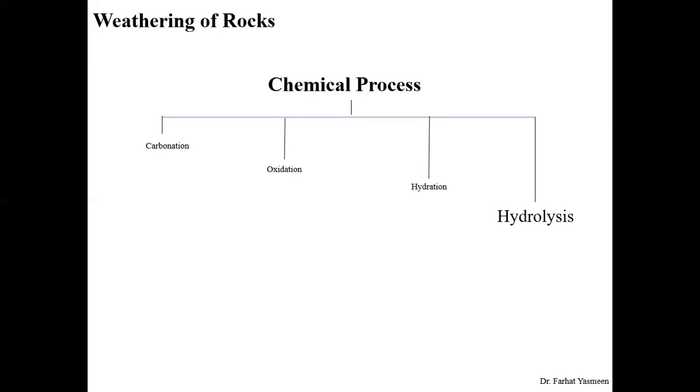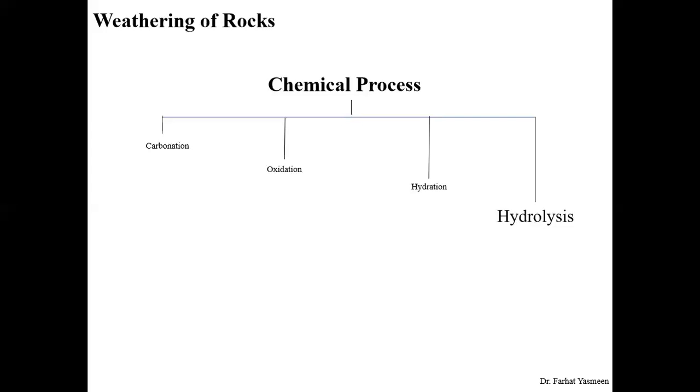The fourth and last process in chemical weathering is hydrolysis, and in this case hydrolysis of alkali feldspar or orthoclase can result in the formation of other substances, and as a result there is increased weathering of rocks.